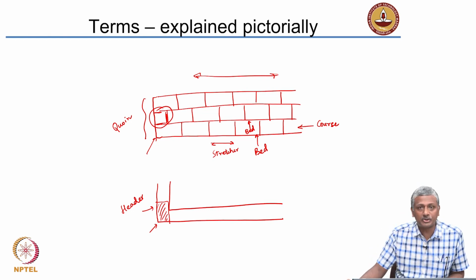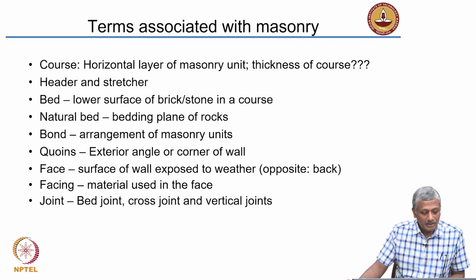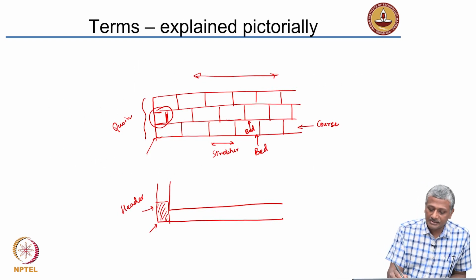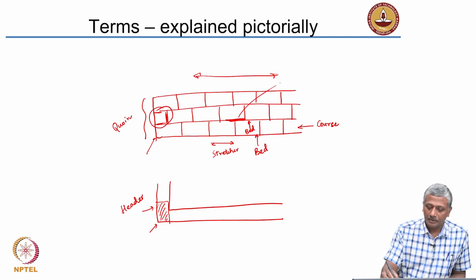I'll come to that when we get to specific arrangements of the brick units. Then we talked about the joints. The mortar that is in the bed is called the bed joint, obviously. The mortar that is in the vertical parts is called the vertical joint.